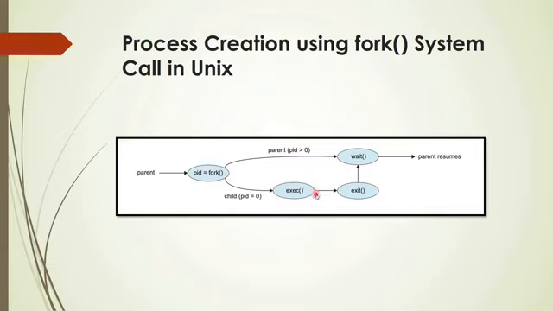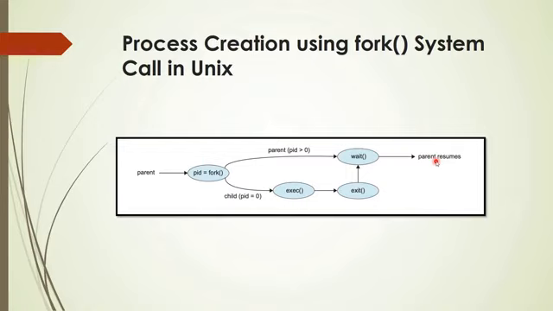After it executes the new program, it will use the exit system call, and then the parent will know that the child has terminated, so the parent resumes or the parent terminates. So this is how a process is created with the help of the fork system call.